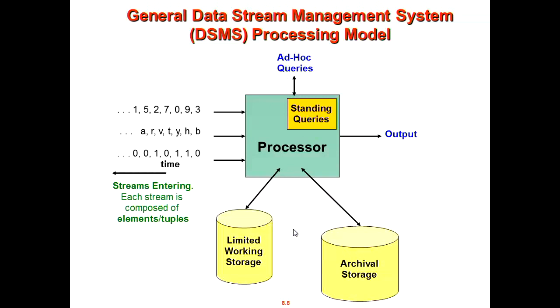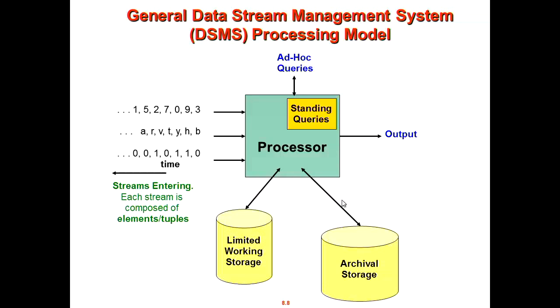Another difference is that because the data stream volume is very huge, normally we are not able to do random access, and we are not able to use the entire data set we have received so far for query processing. Normally in a DSMS, we use a limited working storage, such as limited memory and limited disk, to store some summary of the data streams you have received.